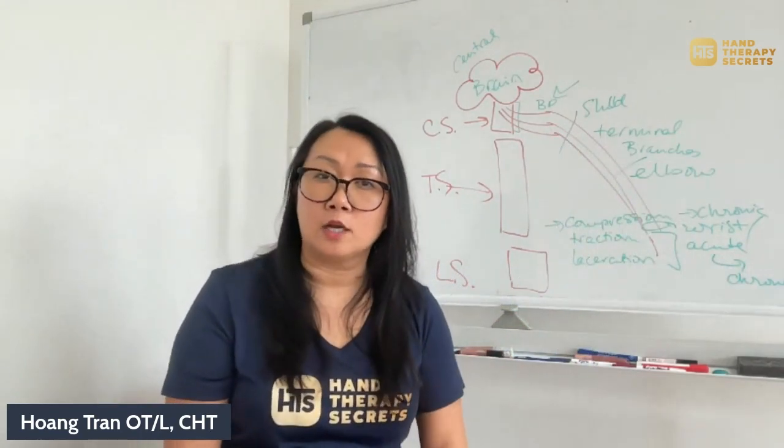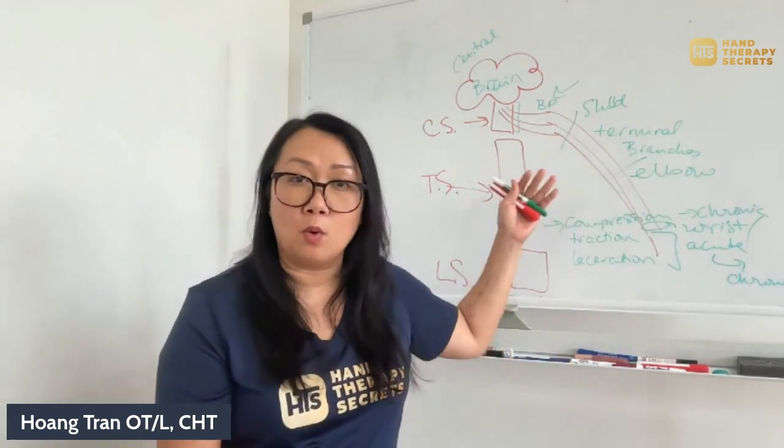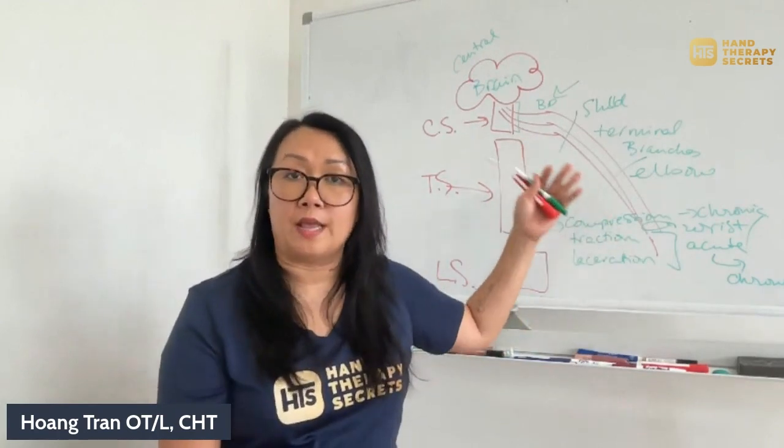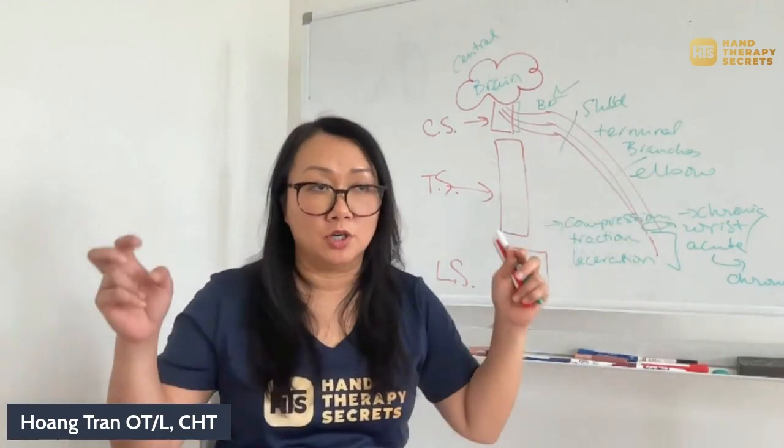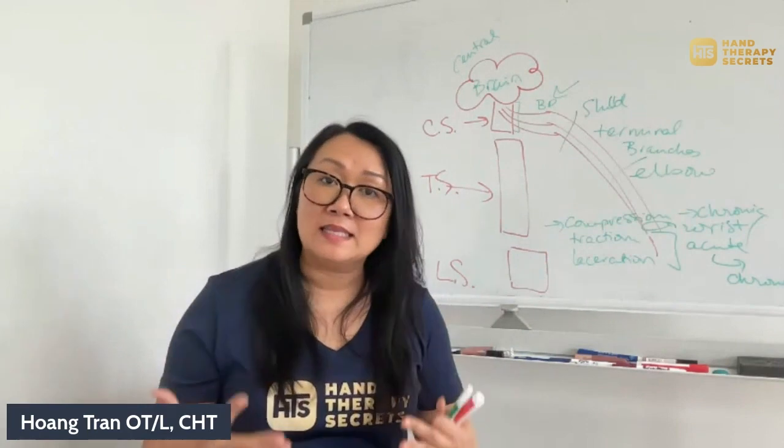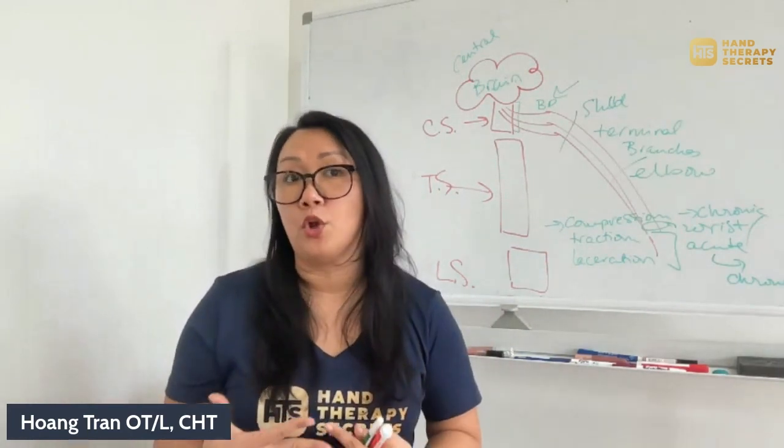Right? So I think as occupational therapists, if you're working with anyone with a hand and arm, you should know the answers to this. And maybe I shouldn't say should, but you have the capacity to learn what that is and what you can do for it.